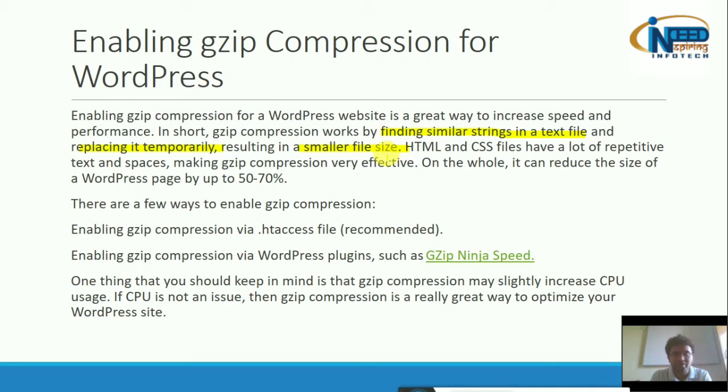So it can reduce the page's size by up to 50 to 70%, and that would optimize the performance of your WordPress pages. Here we have a plugin, Gzip Ninja Speed, which you can use for this purpose.